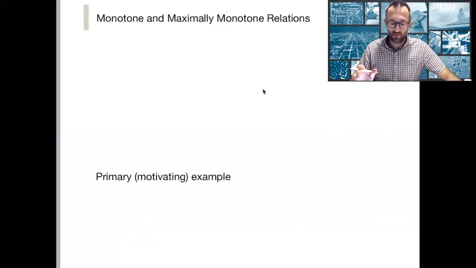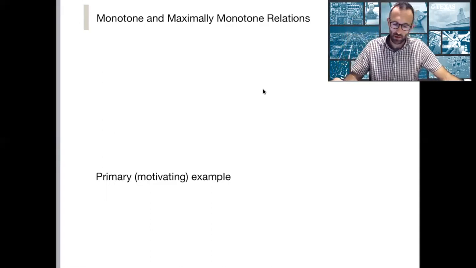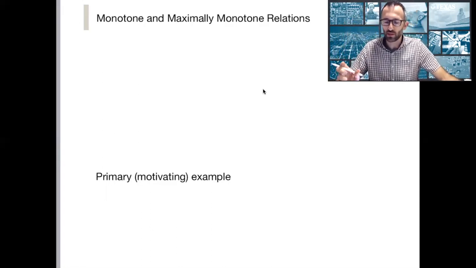Next, we need to define monotone. Again, something that by now we're very familiar with in the context of gradients and subdifferentials. And then a technical point, which is a maximally monotone relation, or a maximally monotone operator.